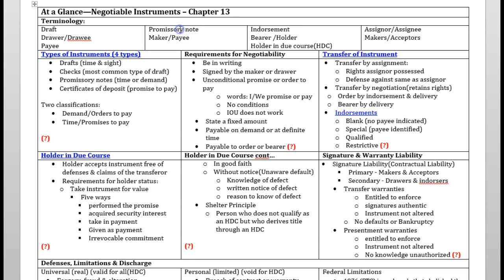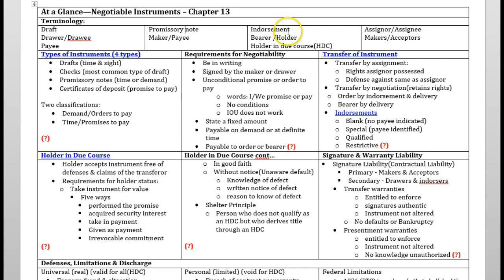So we have a promissory note, we have a maker, which is similar to the drawer, and we have a payee. It does not appear to be a drawee in the middle. A promissory note typically does have interest attached to it.